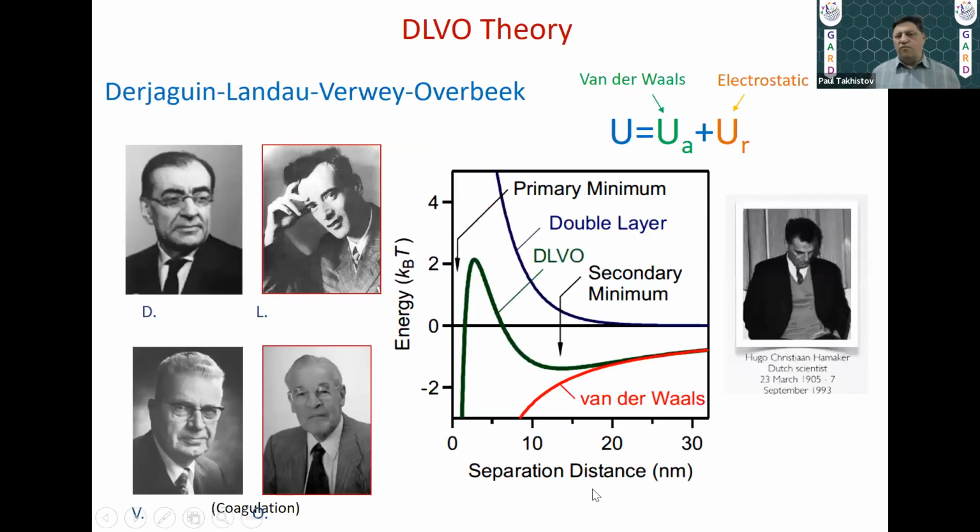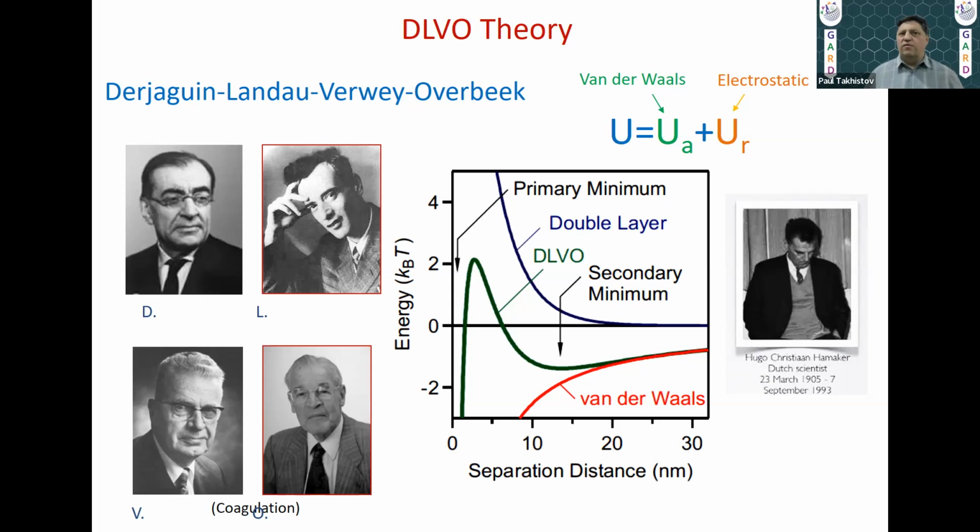In the mid 20th century, four scientists, Derjaguin and Landau from the Soviet Union, and Verwey and Overbeek from the Netherlands, independently published two papers just a few months apart in which they proposed the major contribution to what we call the foundation of nanotechnology, the force balance approach.